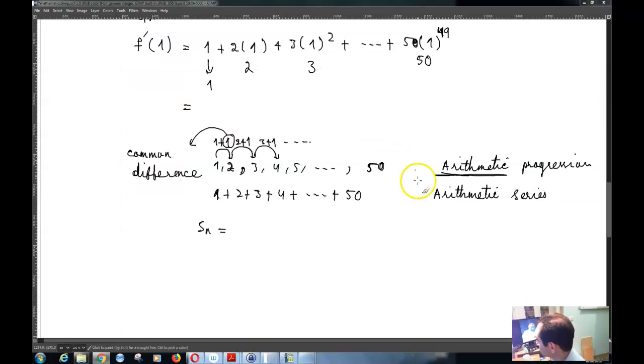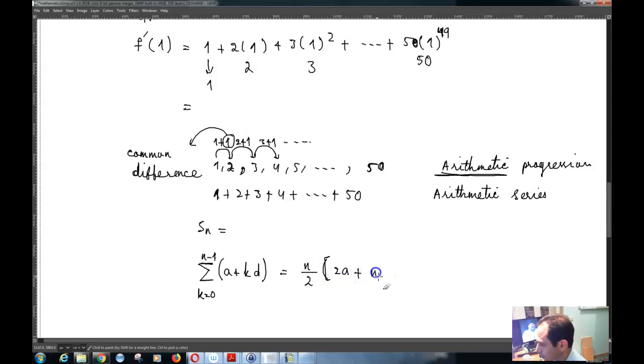So they have written it as sigma. You can write it with this notation as well, sigma of a plus kd. This is the representative of your terms, and k goes from 0 to n minus 1, and this is equal to n divided by 2 times 2a plus n minus 1 times d.